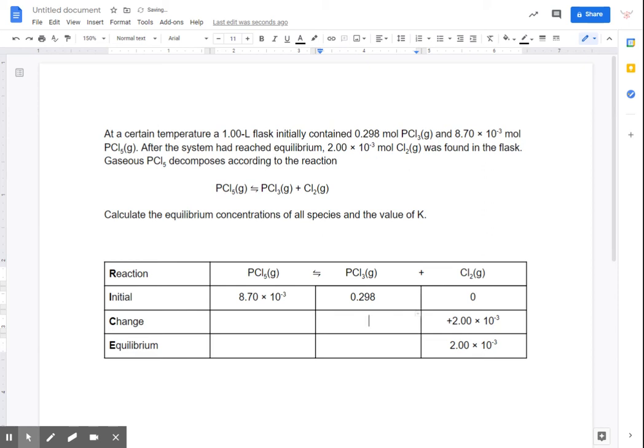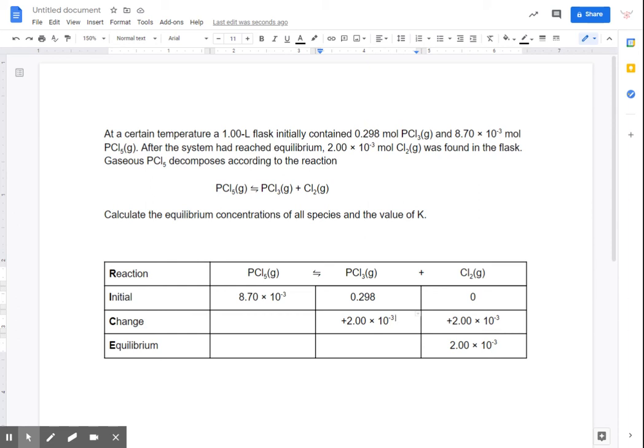Now, whatever happens to this chlorine is also going to happen to PCl3 because they're on the same side of the equation. So I'm going to actually copy this and paste it there, because these two are kind of tied together. Whatever happens to this one is going to happen to this one, and vice versa.